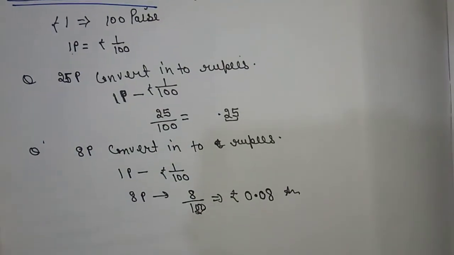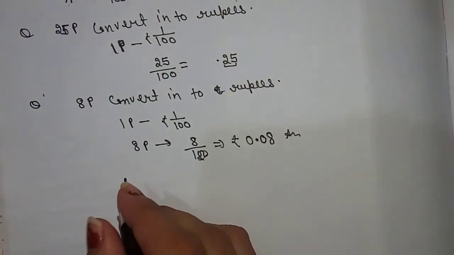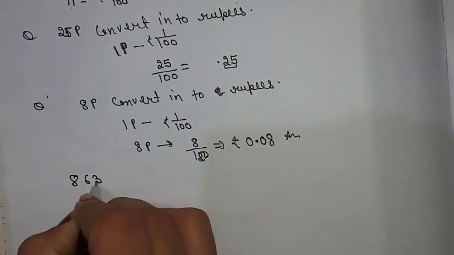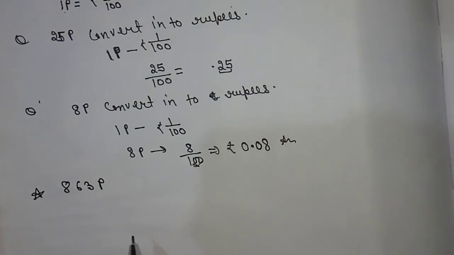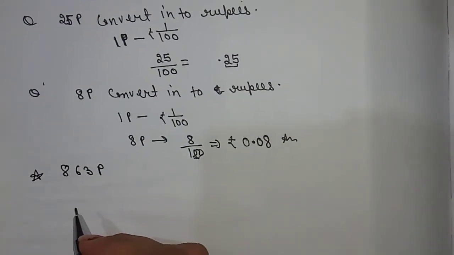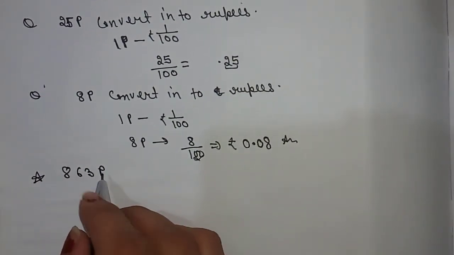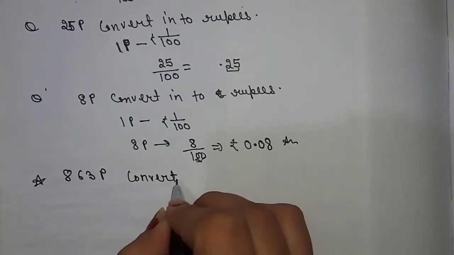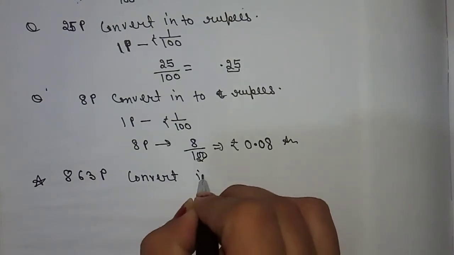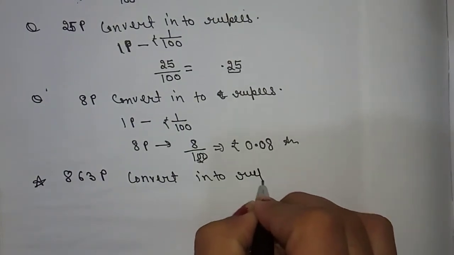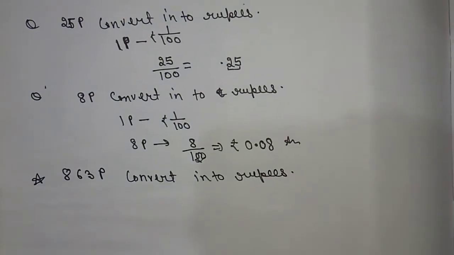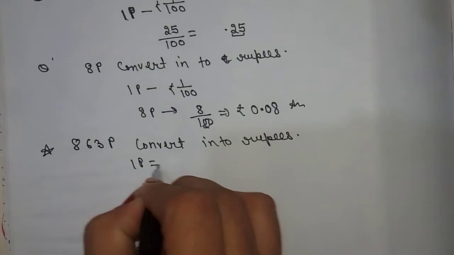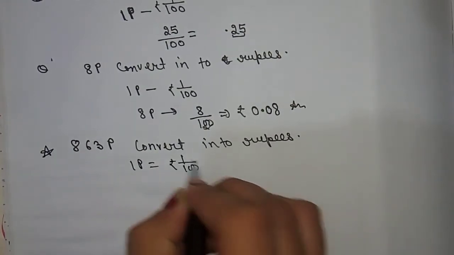If you are given something like 863 paisa, there can be many types of questions. If you are given 863 paisa and asked to convert these paise into rupees, how will you solve this? You divide this number again. You know that in 1 paisa there is 1 upon 100 rupees.